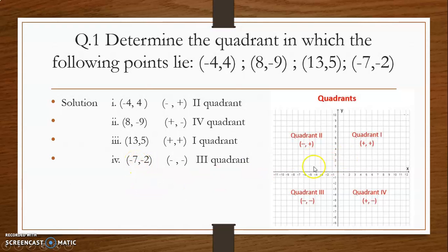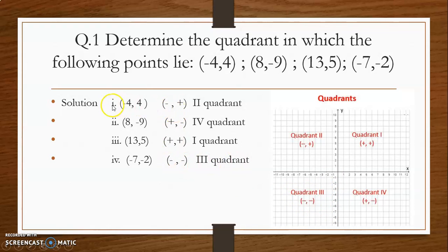So this minus 7 will lie on this side, because here all the numbers are negative on the abscissa or x-axis, and this minus 2 will lie downwards because y is negative in the downward direction. So when both of them are negative, it will lie in the third quadrant.